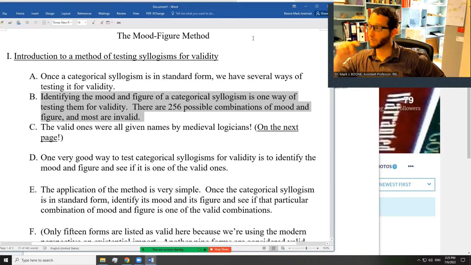There, I think that was standard form. S equals guinea pigs, P equals good pets, M equals hamsters. All hamsters are good pets, no guinea pigs are hamsters, therefore no guinea pigs are good pets.